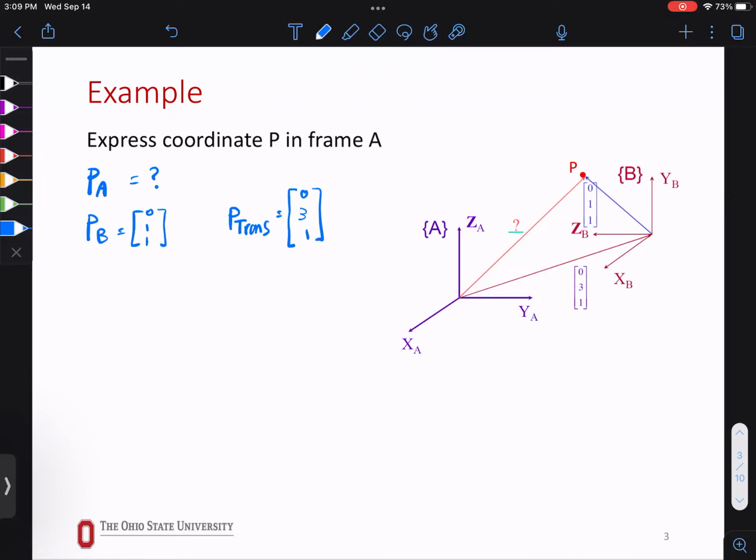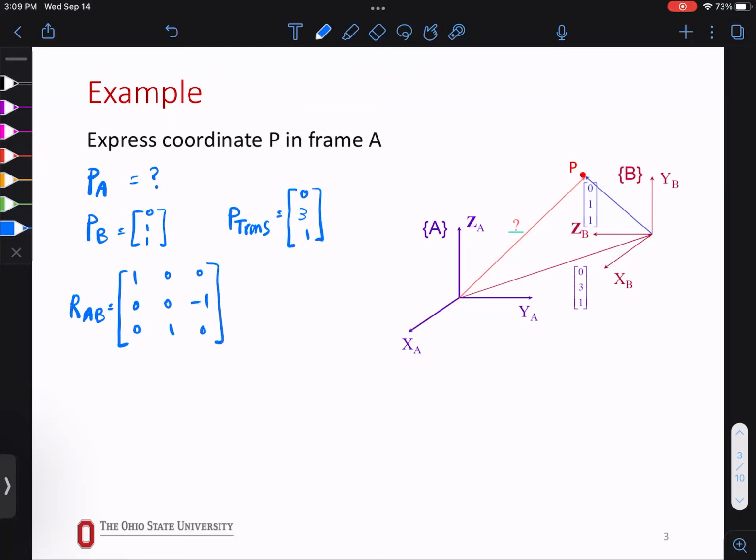We know how frame B is rotated with respect to frame A. So B relative to A, we know that: 1, 0, 0, 0, 0, 1, 0, negative 1, 0.